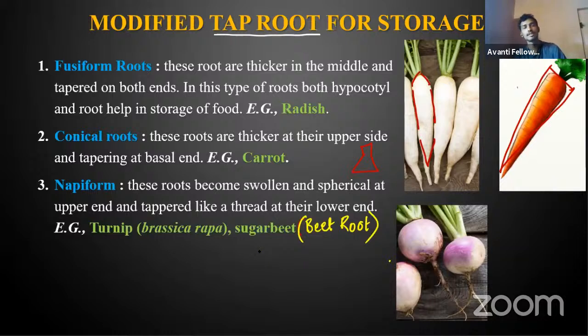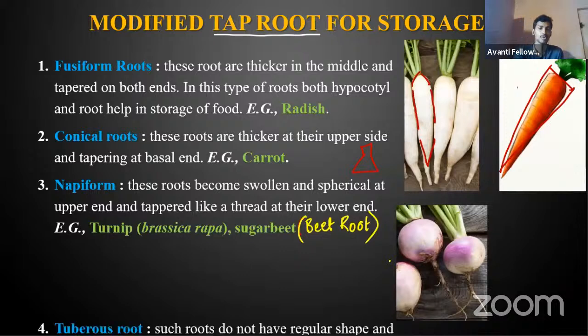Exactly, it contains sucrose, and we normally extract sugar from beetroot plants even now, in some parts of the world, especially in European countries. That's why it's called sugar beet, or because it is sweet. That's also one of the reasons. Beetroot has a completely swollen structure above and a tapering end below, right?